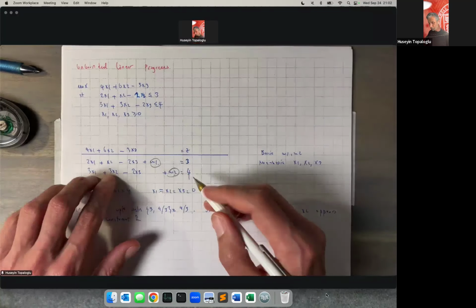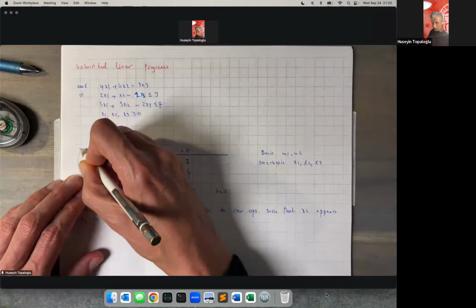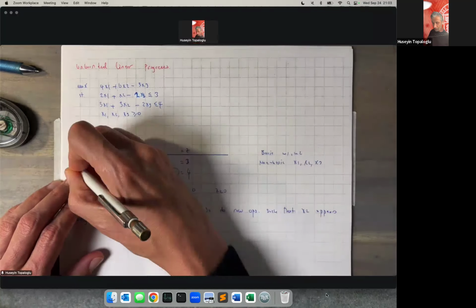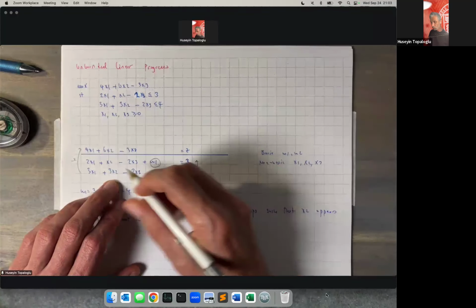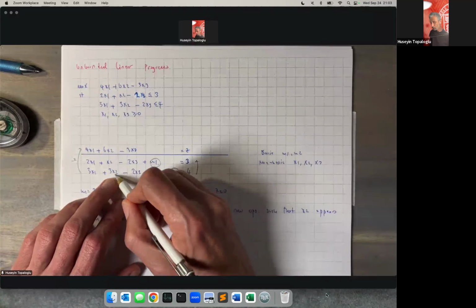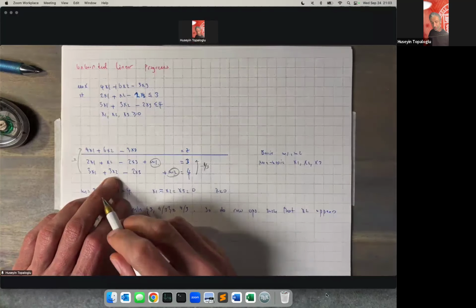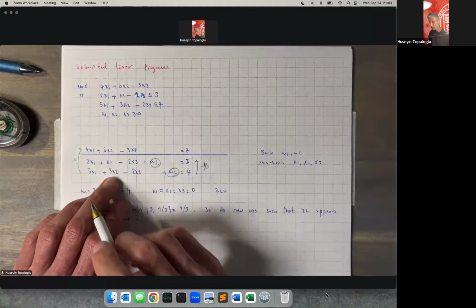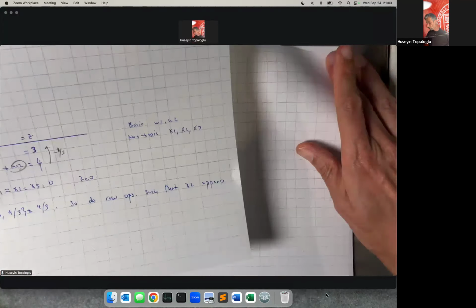Good, let's do those. I want x2 to disappear from the objective function row. Take the second constraint row, multiply by -2, add it to the objective function row, so x2 disappears from here. And I want x2 to disappear from the first constraint row: take the second constraint row, multiply it by -1/3, add it to the first constraint row. Good. Let's do those row operations.